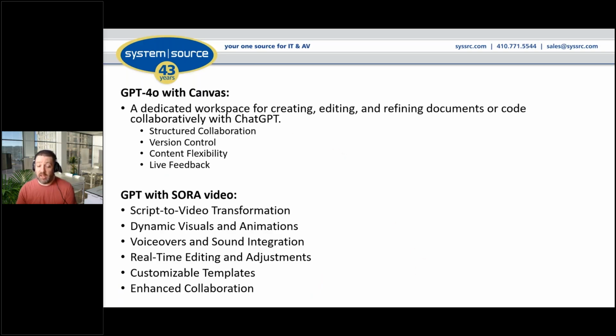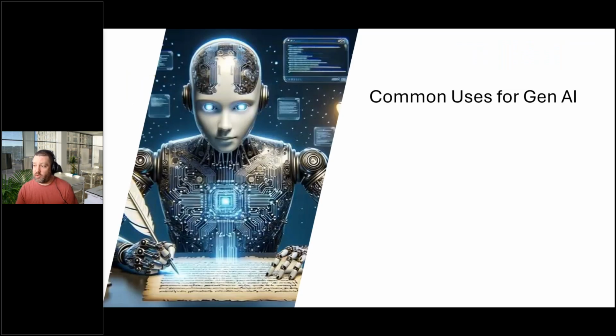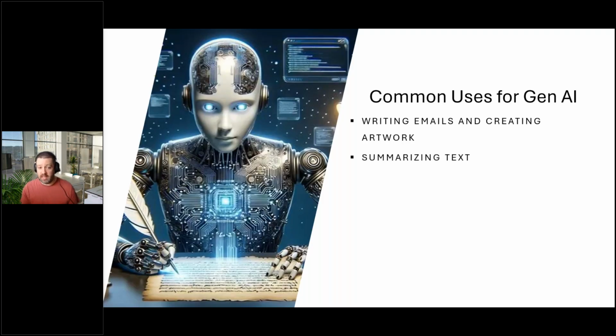ChatGPT does a lot of things. And so here are some of the common uses that you'll see for Gen AI inside of the workplace. The first thing you're going to typically see is that it will write emails and create artwork. It can help you summarize text. It can do preliminary and advanced data analysis on a variety of topics.